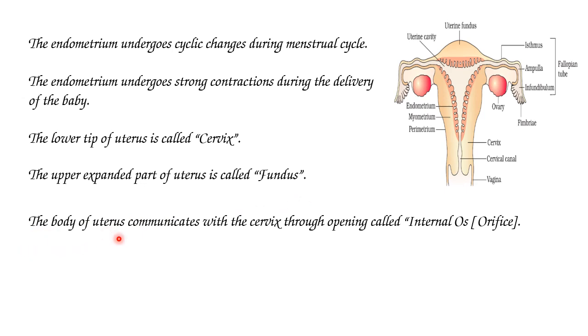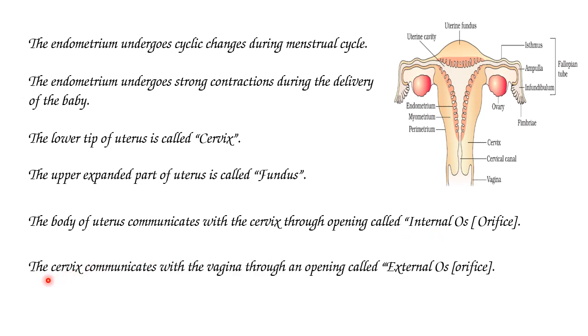The body of the uterus communicates with the cervix through an opening called the internal orifice, and the cervix communicates with the vagina through an opening called the external orifice.